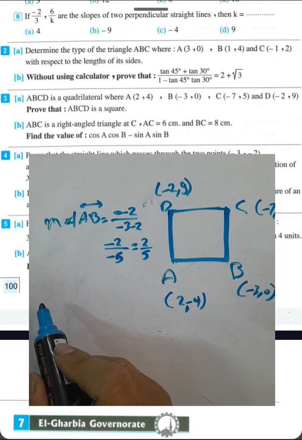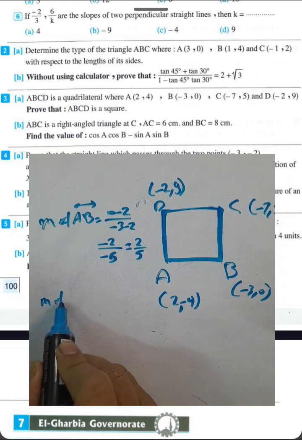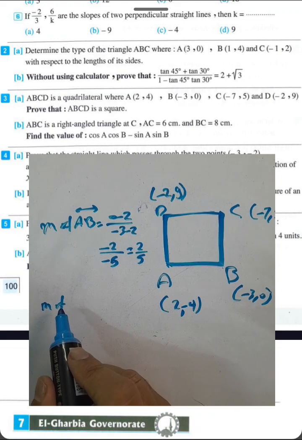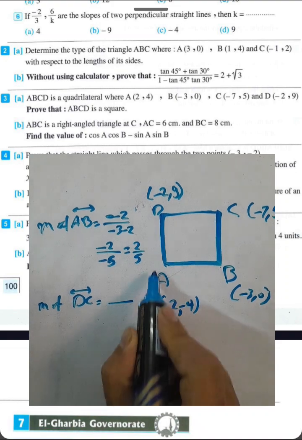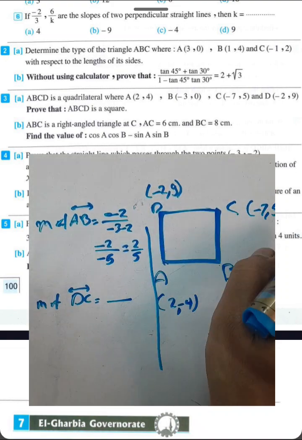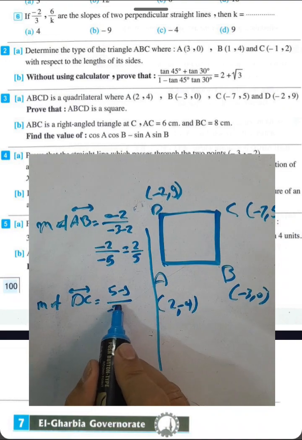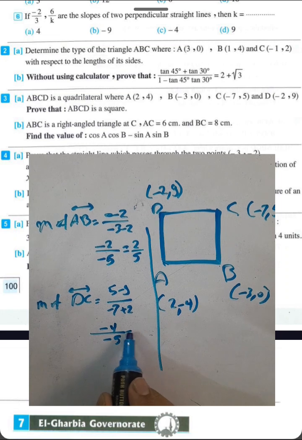And then you can find the slope of the opposite side of AB, DC. We have D and C: 5 minus 9 over negative 7 minus 2, the result will be negative 4 over negative 5.